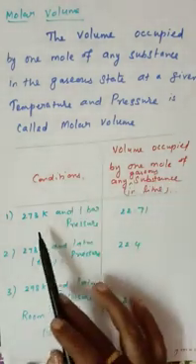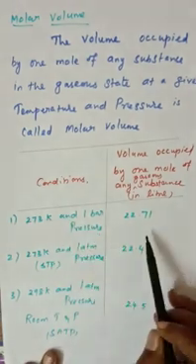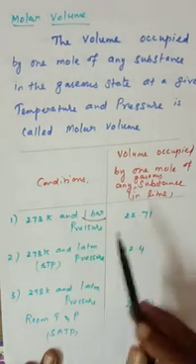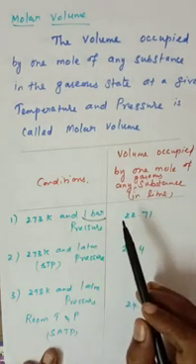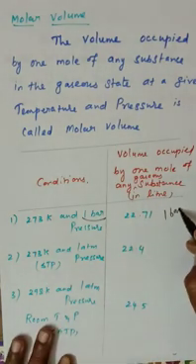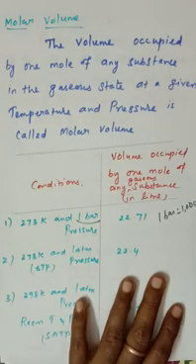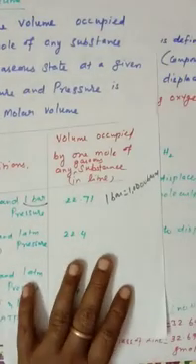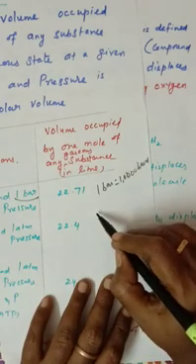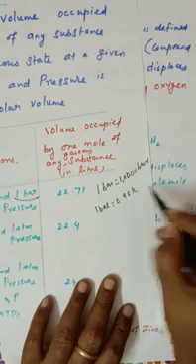It has some conditions. At 273 Kelvin and 1 bar pressure, converting into liters, it is 22.71. The 1 bar pressure is equal to its value in Pascal.